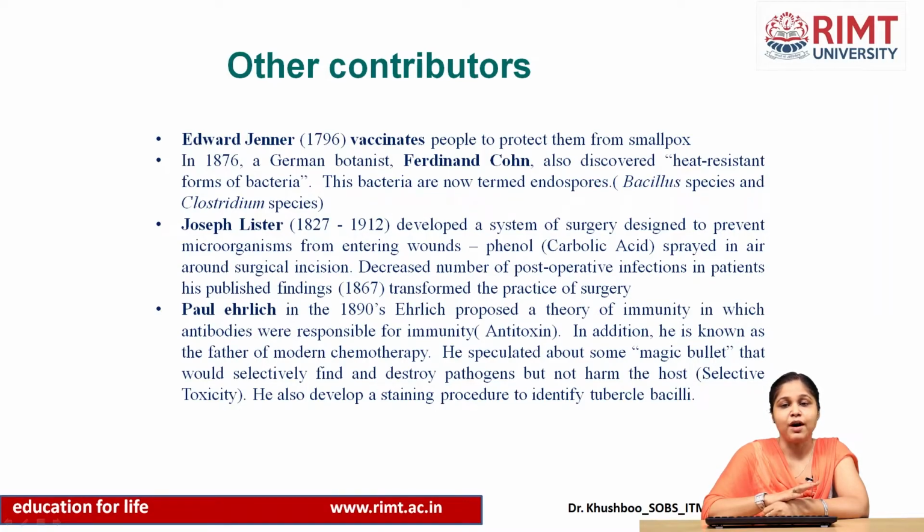He speculated about magic bullets that would selectively find and destroy the pathogens present in the body or coming from outside, but not harm the host, thus giving the idea of selective toxicity. He also developed a staining procedure to identify tuberculosis bacilli, the causative agent of tuberculosis disease.